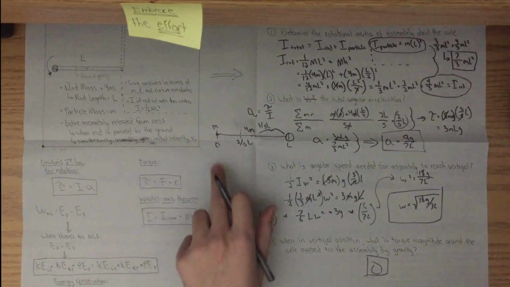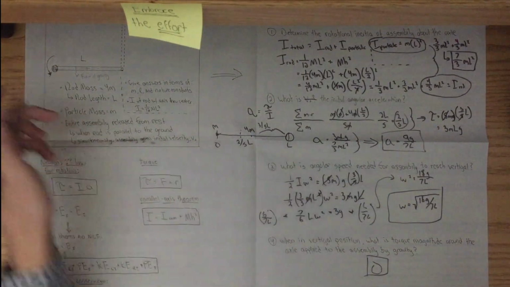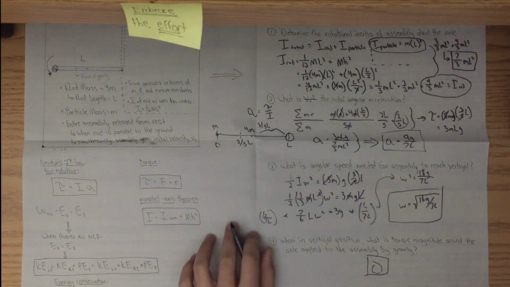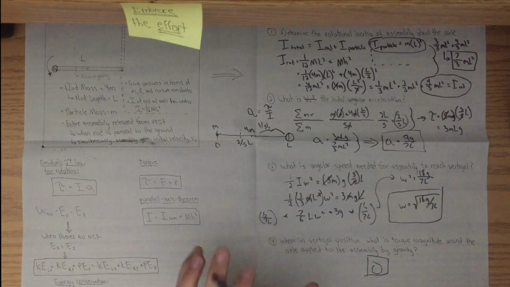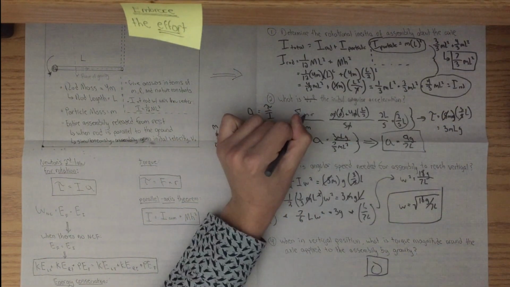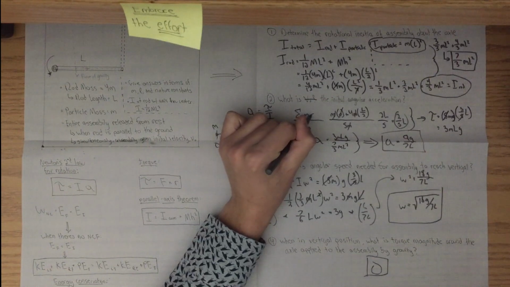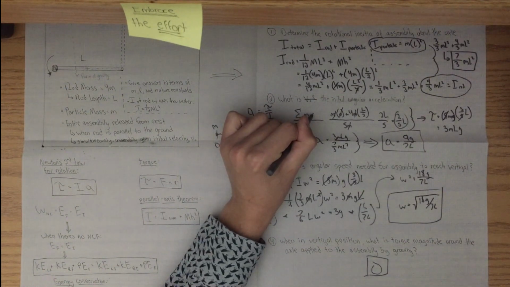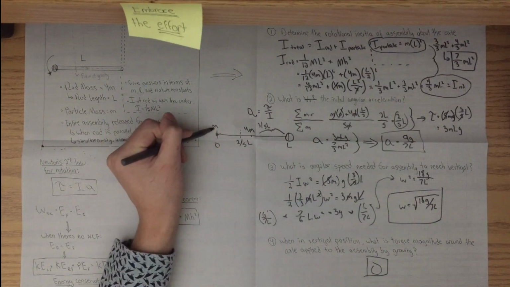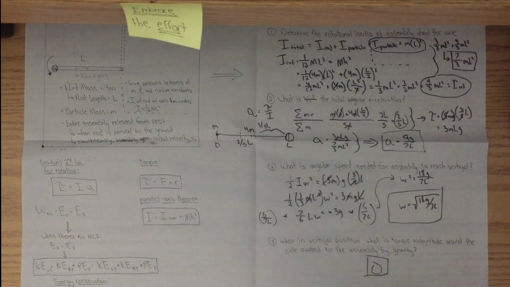So what are we going to do there? We're going to use a little trick. We're going to create a number line from 0 to L. 0 is here, L is here. And what we're going to do is we're going to create this little number line, and we're going to add up the mass times the position of every element over the mass. So here we have m times 0 becomes 0.